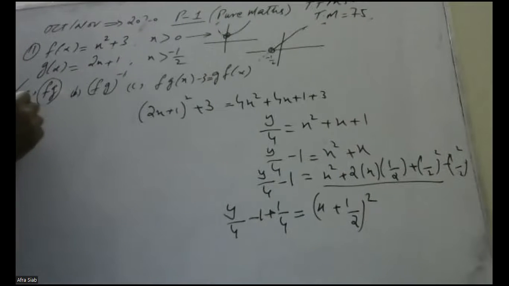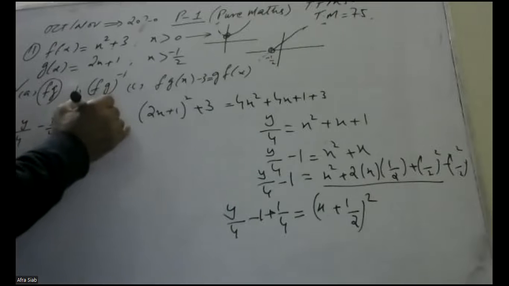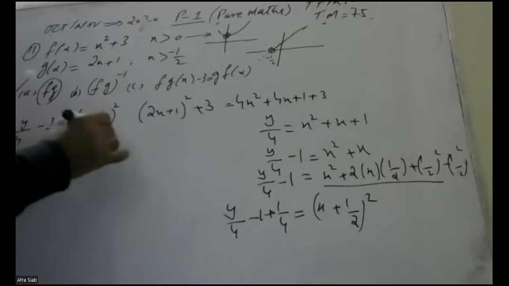Then it should be equal to y over 4 minus 3 over 4 is equal to x plus half whole square. It is y minus 3 over 4 is equal to x plus 1 over 2 whole square.